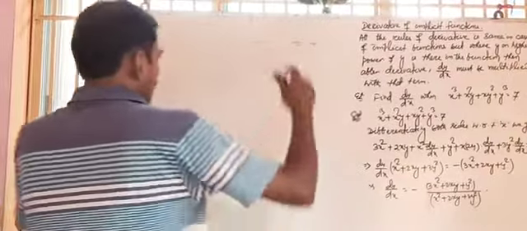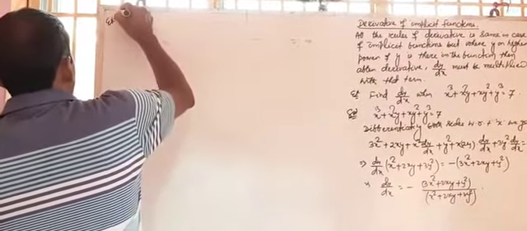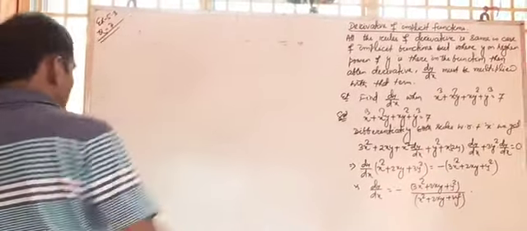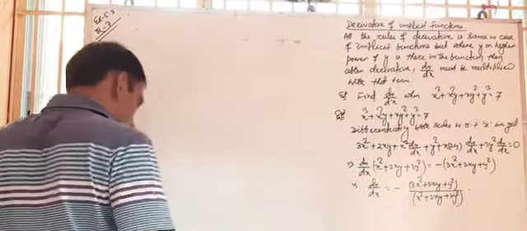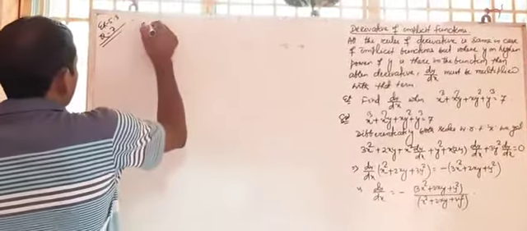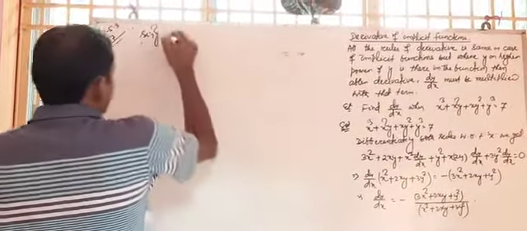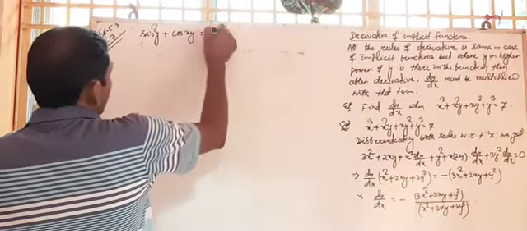We have to find dy by dx if sin square y plus cos xy equal to k.